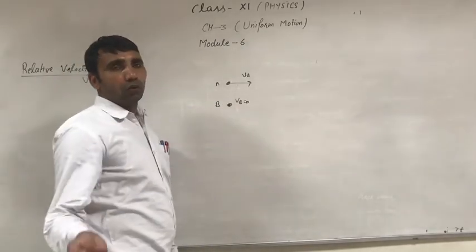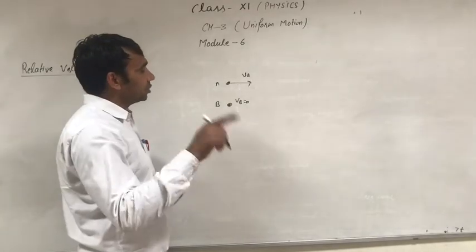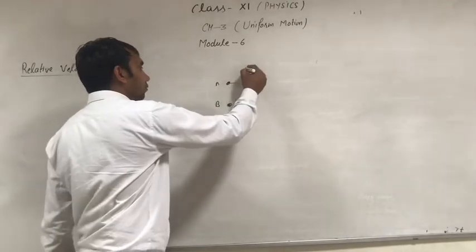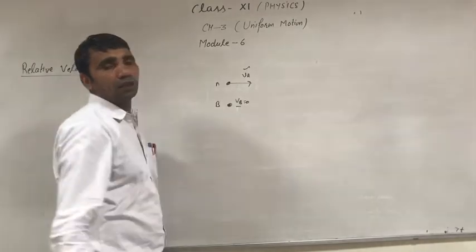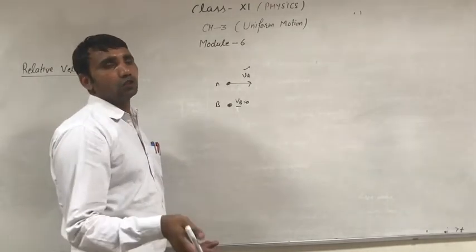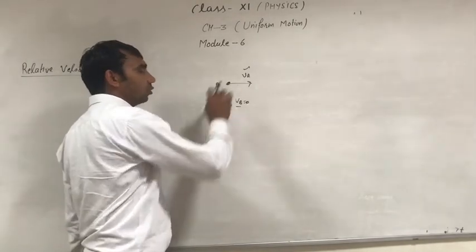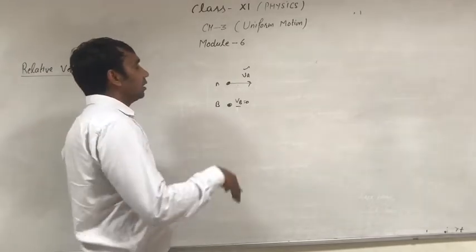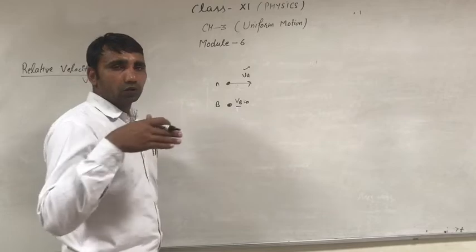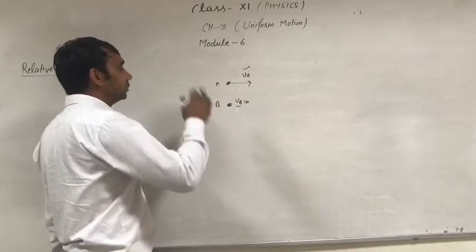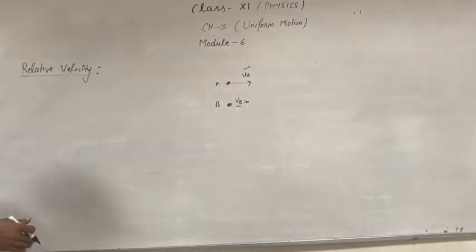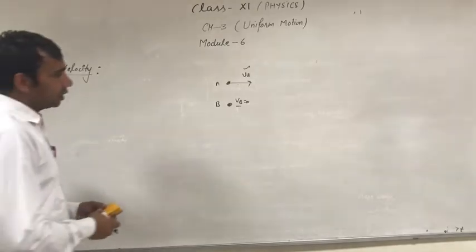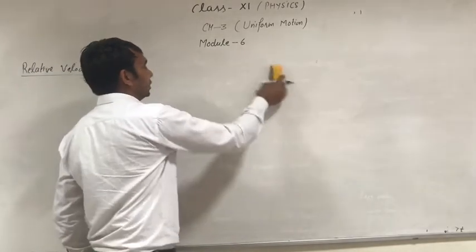The rate of change of position of object A with respect to B is called relative velocity, or we can say the rate of change of position of object B with respect to A.